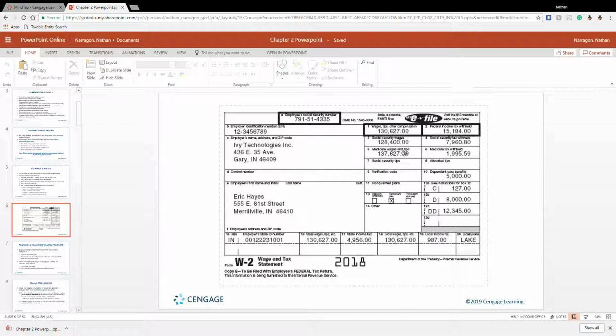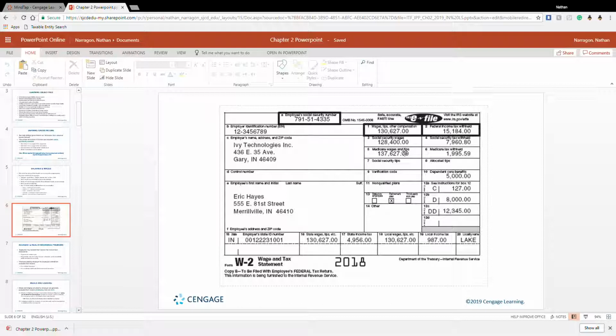Their Social Security wages tapped out. Now, since this really isn't a payroll course, in payroll you'll get more with the W-2. This is more of a crash course, but the payroll tax course gets more involved with W-2s.